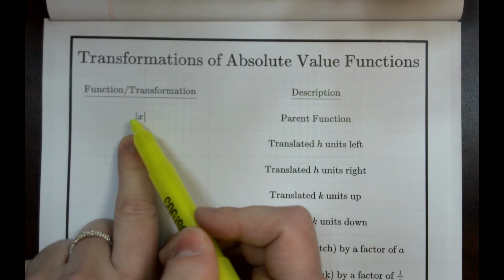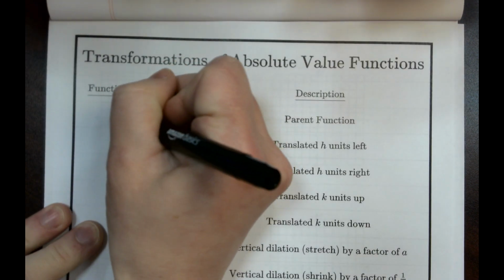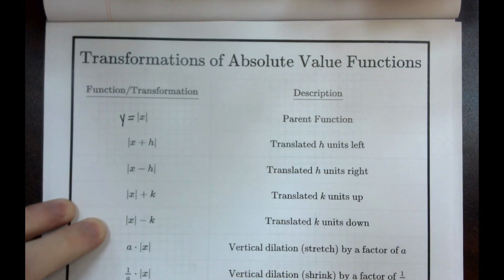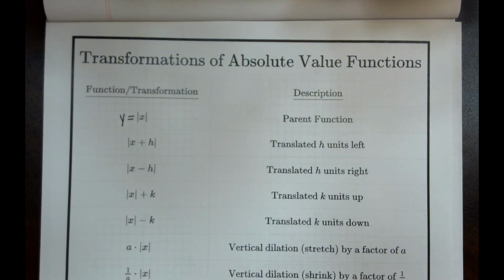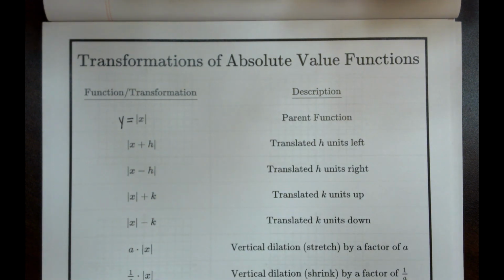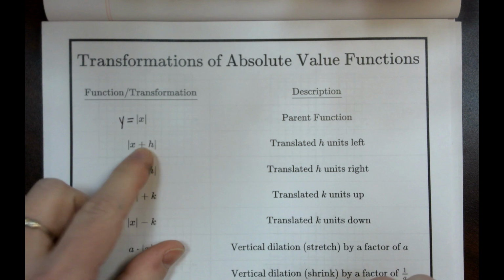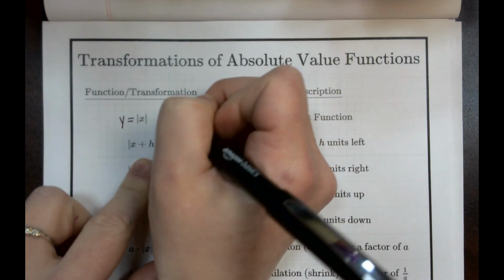So whatever x is, when we have y equals |x|, our x and our y are going to have the same value, except for our y will always be positive.